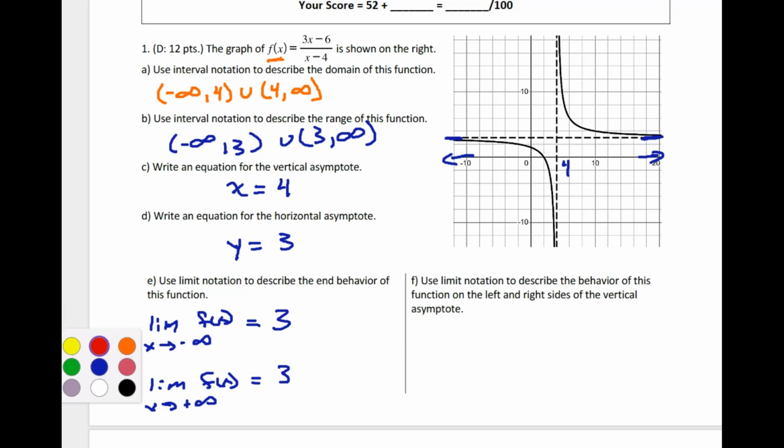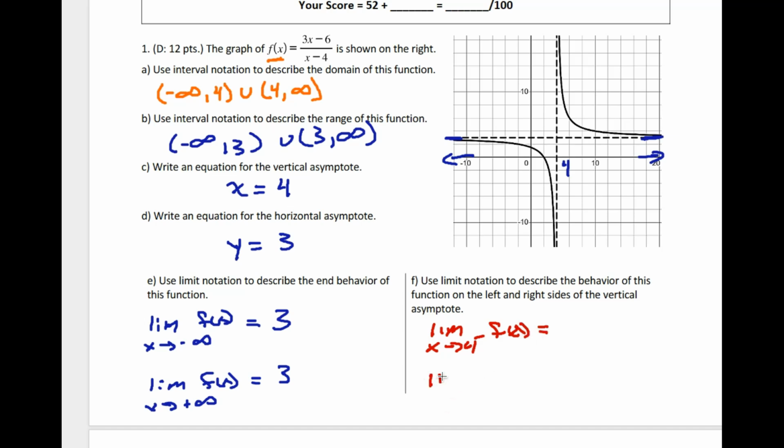Okay. F says use limit notation to describe the behavior of this function on the left and right sides of the vertical asymptote. So that's about this point right here. So we're going to describe the behavior on the left of the asymptote at 4. So that's what that little minus means, from the left of f of x.